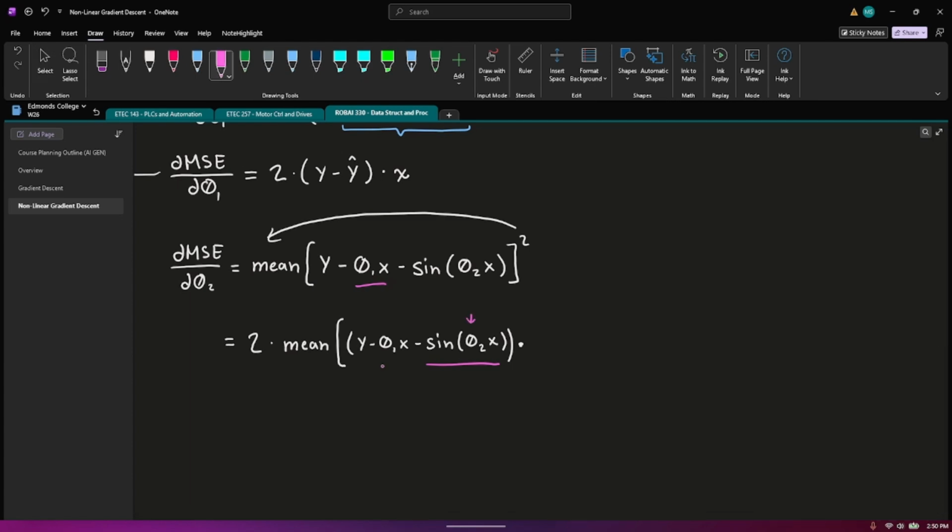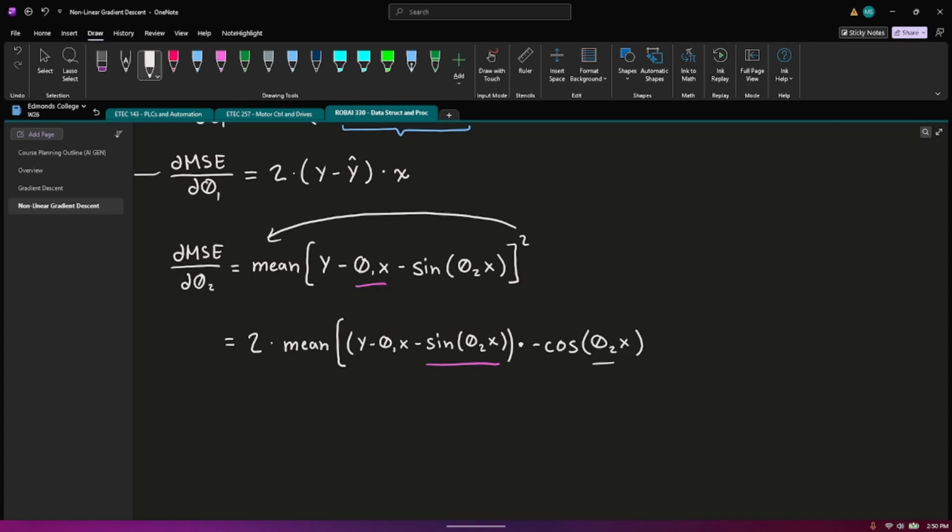So for this one, we do actually need to take the derivative of the negative sine of theta 2x, which, if we remember, comes out to be the cosine, and I can't forget my negative out here, the cosine of the inside, theta 2x, times the derivative of what's on the inside.